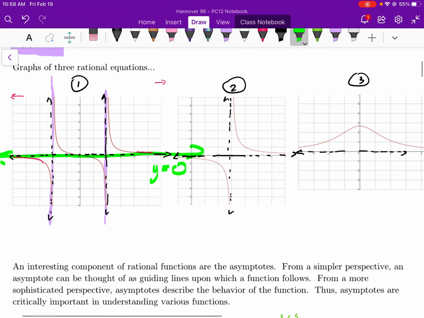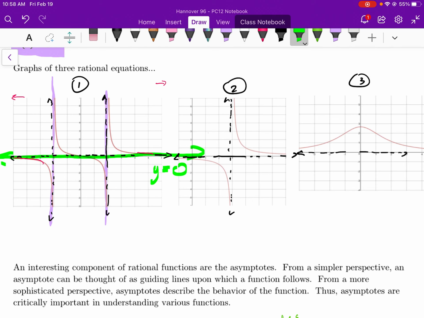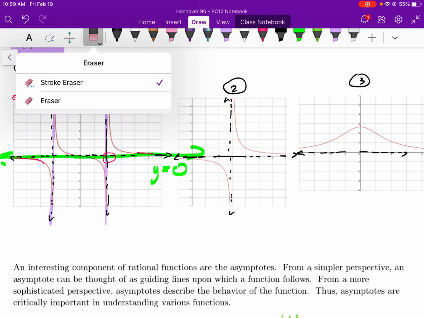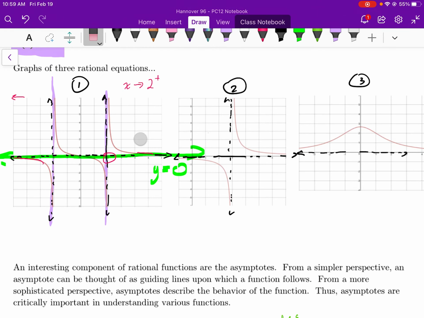Let's look back at our graph here, graph number 1. Now, by the way, this x value down here is 2. So as x goes towards 2 from the positive side, that's a weird thought. As x gets closer and closer to 2, so x is over here, and it gets closer and closer to 2 from the positive direction, what happens to the y value?